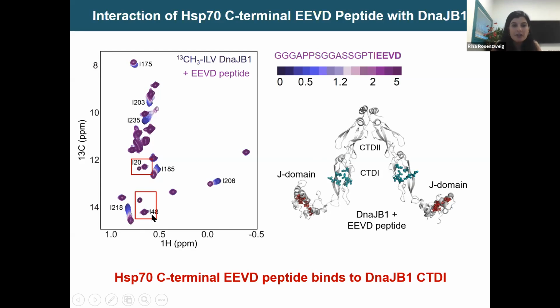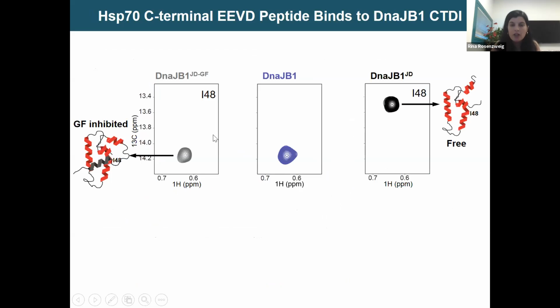And all of those peaks in slow exchange are actually coming from the J domain. So when the C-terminal tail of HSP70 binds to CTD1, somehow the conformation of the J domain changes. And if we zoom in on this isoleucine 48, we can see what's going on. Isoleucine 48 is very sensitive to the presence of the GF inhibition by helix 5. If we record the spectrum of the construct that has the J domain GF and the J domain is inhibited, it will be here. If we record the spectrum of the free J domain without the GF inhibition, it will be here at about 13.5 ppm.